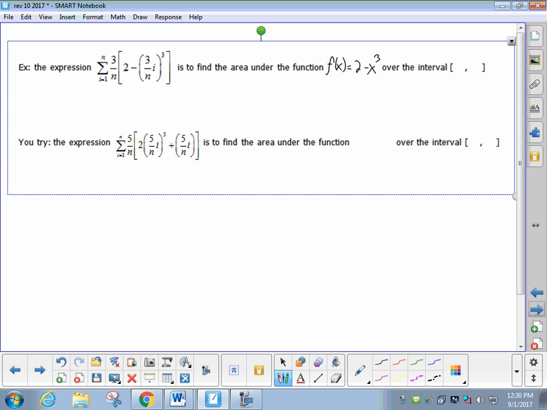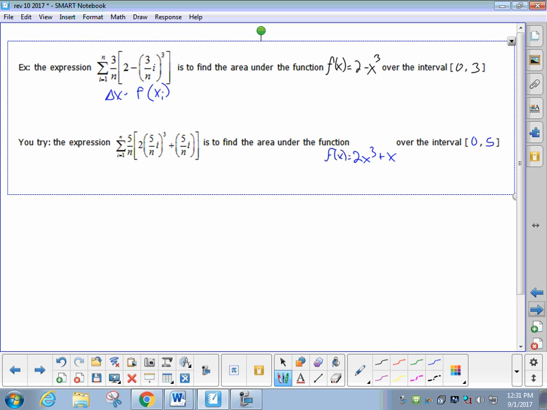Okay, and what's the interval? 0 to 3. Excellent. Do the next one. What's the next function? 2x cubed plus x, and the interval? 5. Excellent.